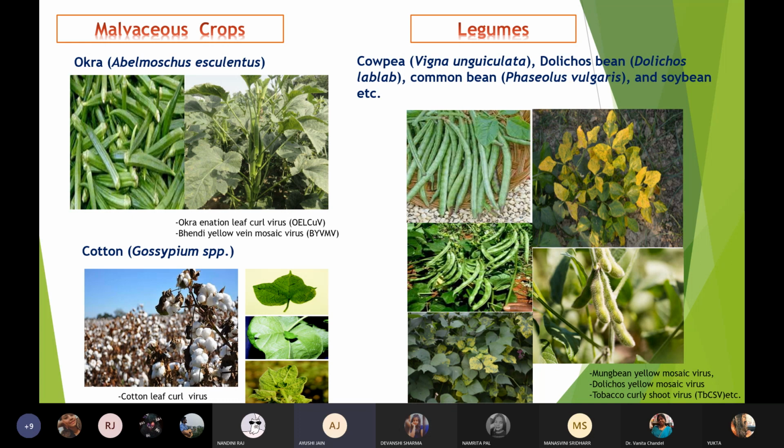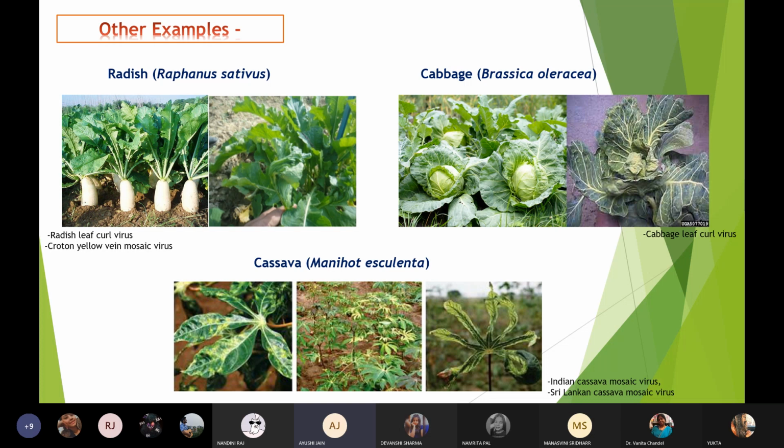These crops suffer losses due to Begomoviruses like mung bean yellow mosaic virus, dolichos yellow mosaic virus, tobacco curly shoot virus, etc. Other crops affected by Begomoviruses are radish, which is affected by radish leaf curl virus and Croton yellow vein mosaic virus, cabbage, which is associated with cabbage leaf curl virus, and cassava, in which Begomoviruses like Indian cassava mosaic virus and Sri Lankan cassava mosaic virus cause disease. All the diseases and symptoms of Begomoviruses will be discussed later in the slides.